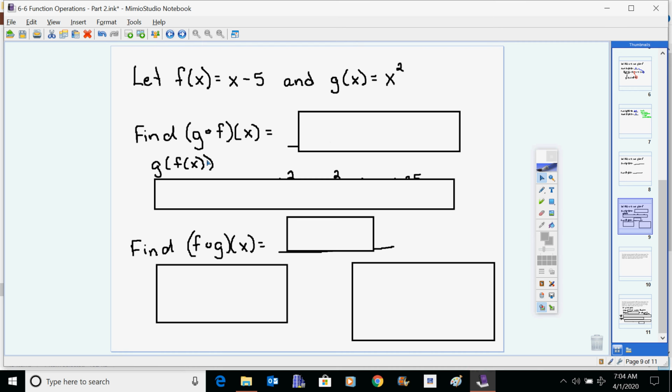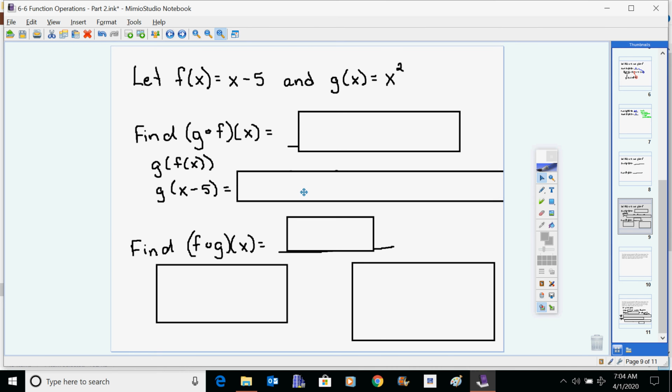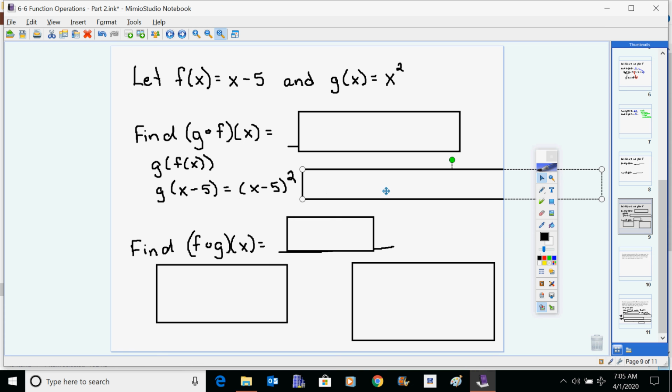So again, we're trying to find g of f of x. f of x is x minus 5, so I can put my x minus 5 right in here. What this tells us is I need to take x minus 5 and put it in where x squared is. (x minus 5) squared, don't forget it's not just x squared minus 25.